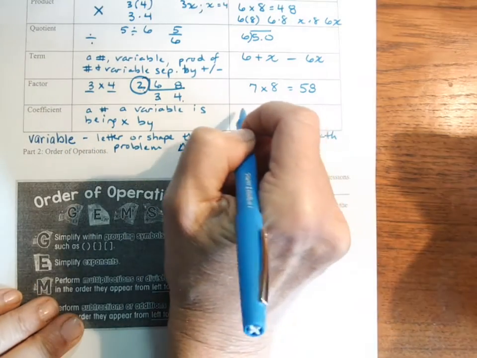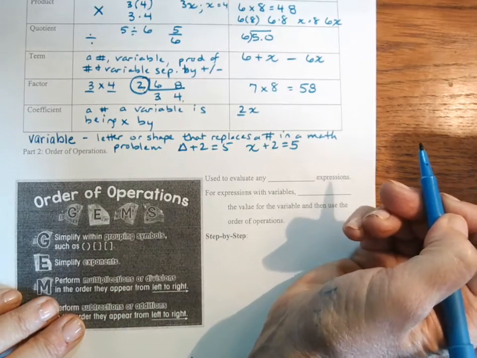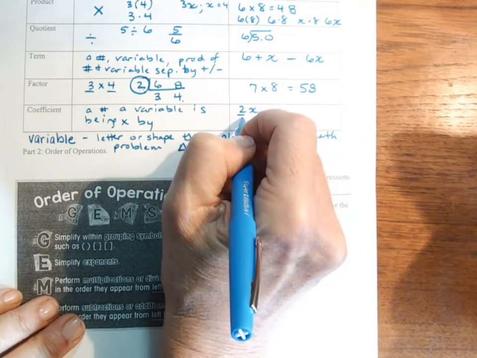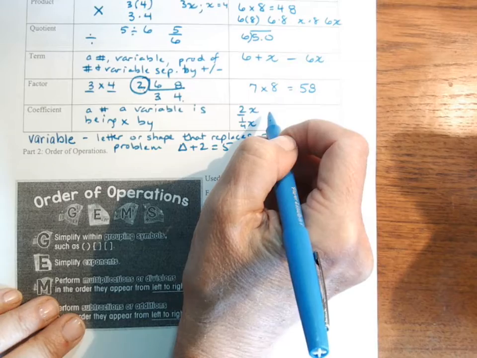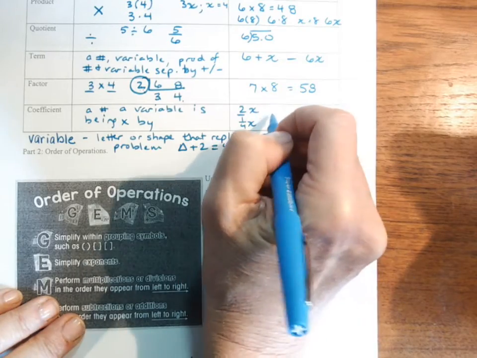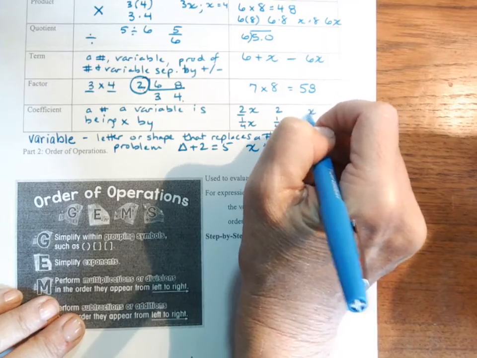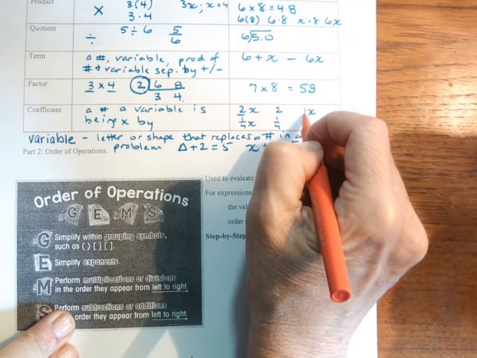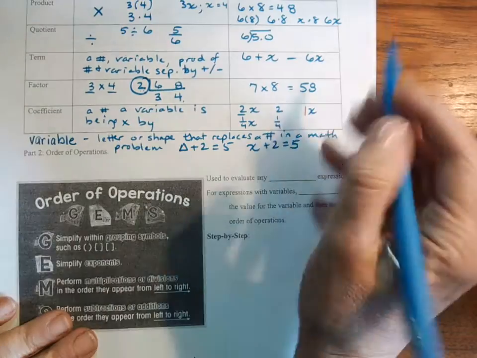So 2x, 2 is the coefficient because this means 2 times x. 1/4 x, 1/4 is the coefficient. So I'm going to say that 2 is the coefficient, 1/4 is the coefficient. If I have the letter x, there's always a mystery 1 in front of it. So the coefficient of x in this case is going to be 1.